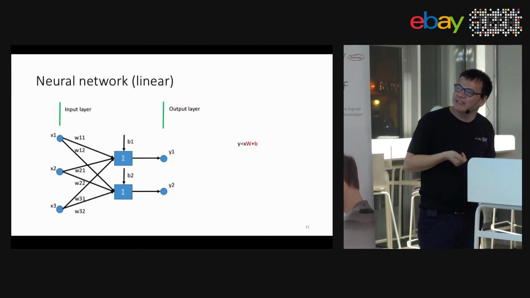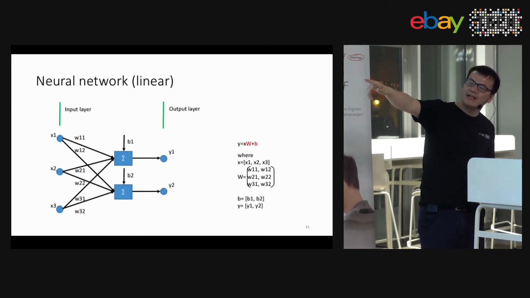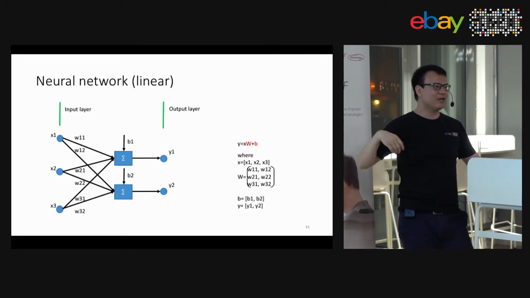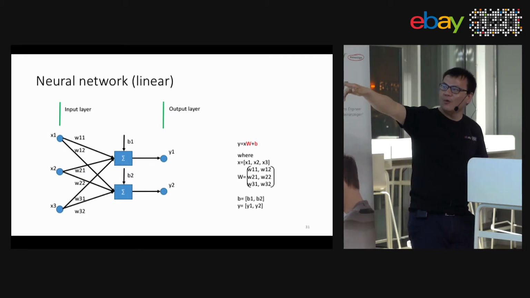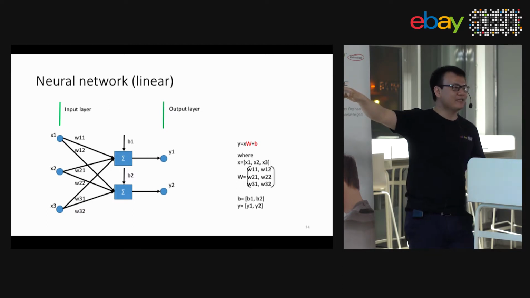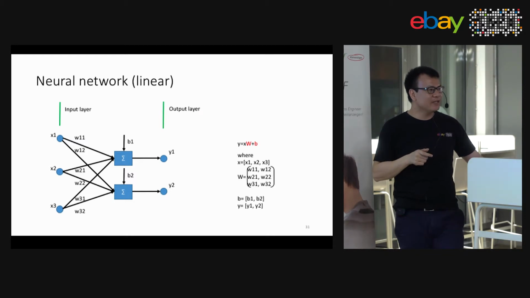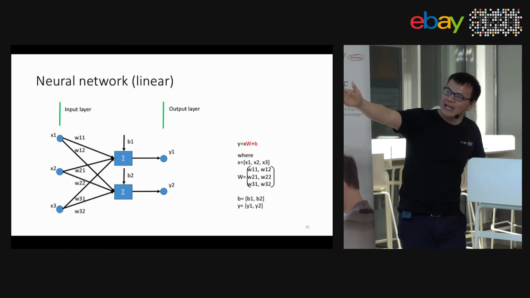And we can give an example of this. Maybe the output could classify a human being as male or female. So Y1 means the probability that this human being is male. Y2 is the probability that this human being is female.